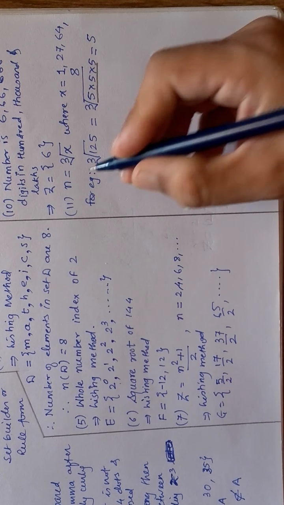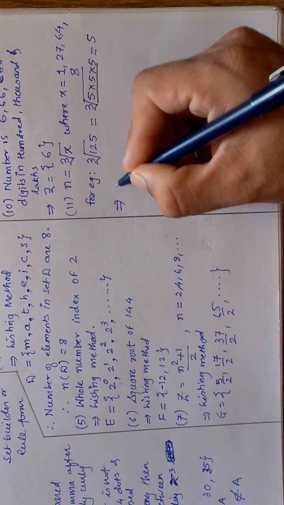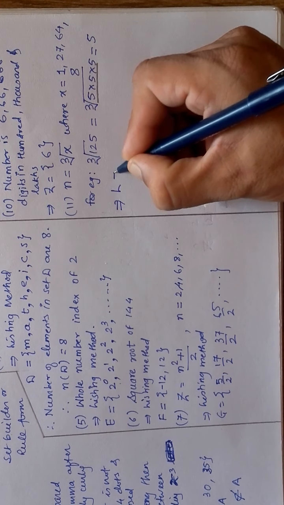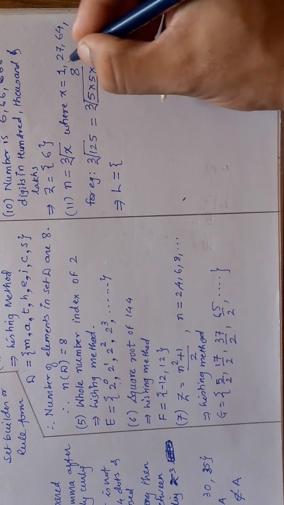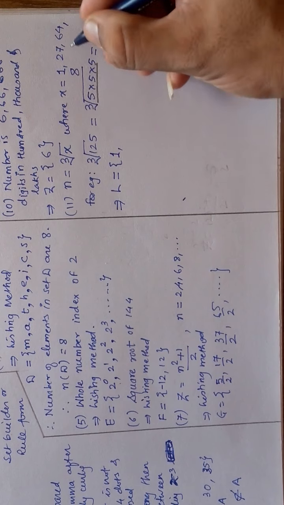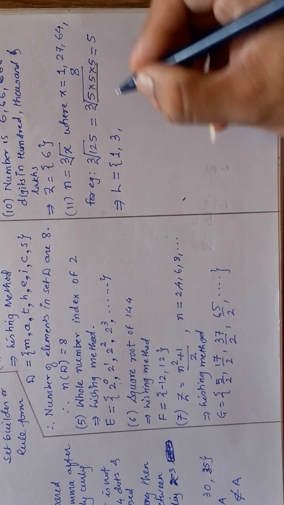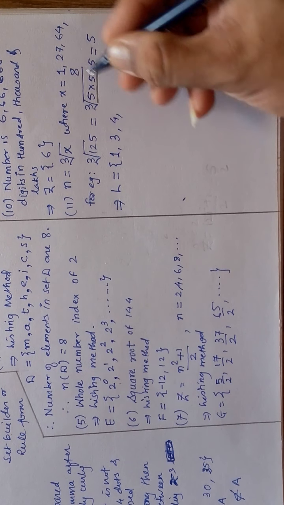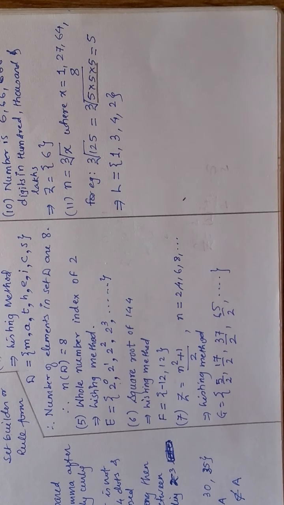So obviously your element set will become cube root of 1 is 1, cube root of 27 is 3, cube root of 64 is 4 and cube root of 8 is 2.